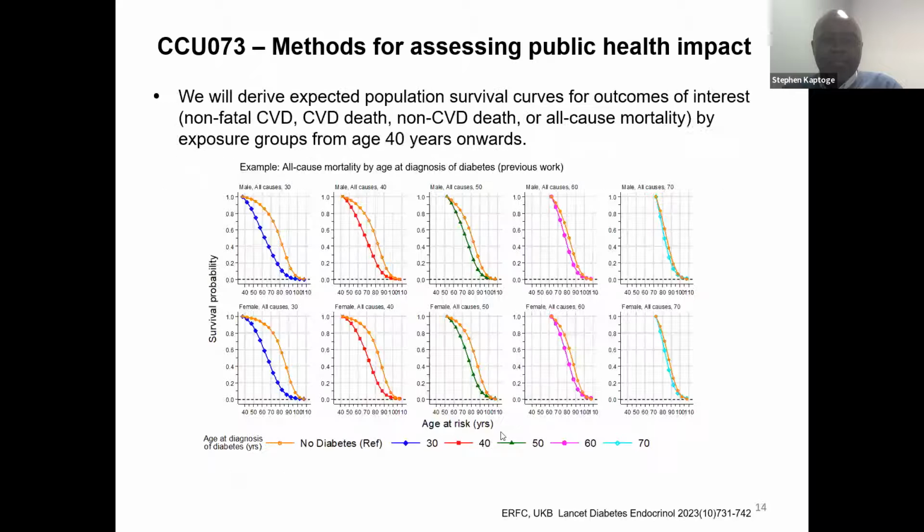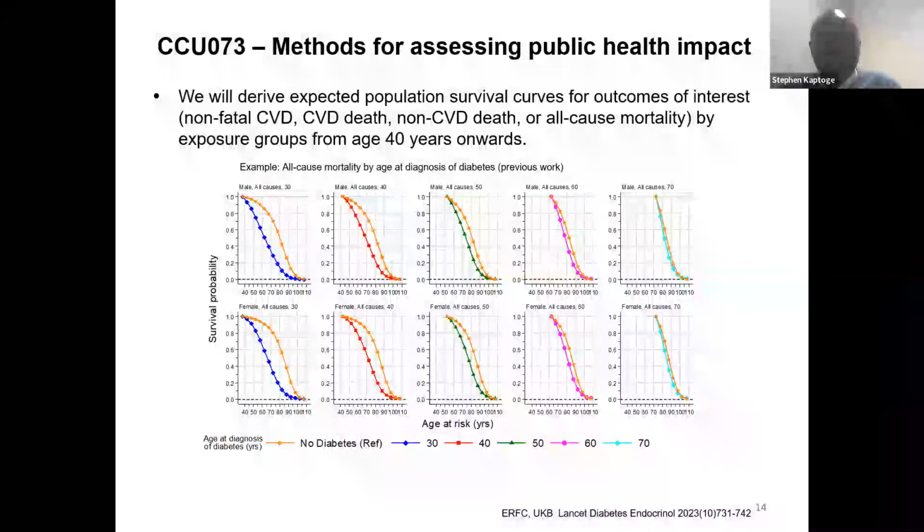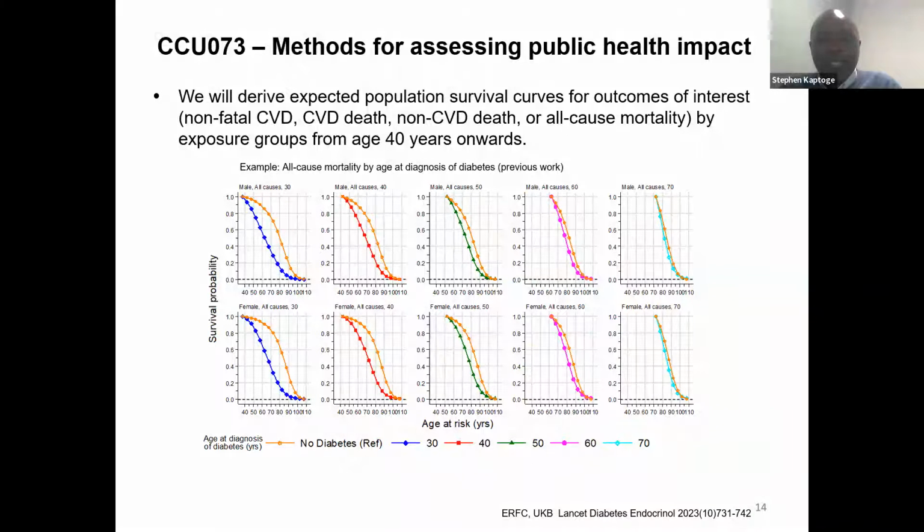And that will give us a way to estimate the survival curves for comparing people with and without diabetes at a particular age. For example, when we did the mortality analysis, we could look at the reference curve for people aged 30. What is the survival for people without diabetes, which is the orange curve?